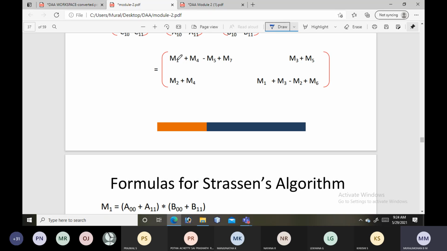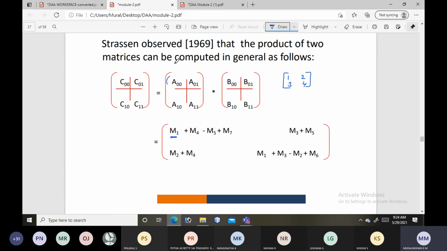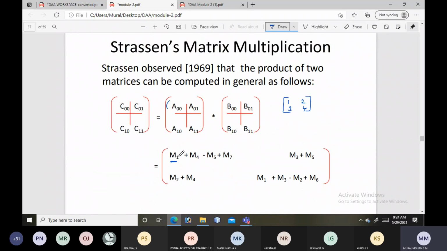If I want to calculate this M1, I am adding this A00 with A11, then B00 with B11. See, addition of matrix is happening here.